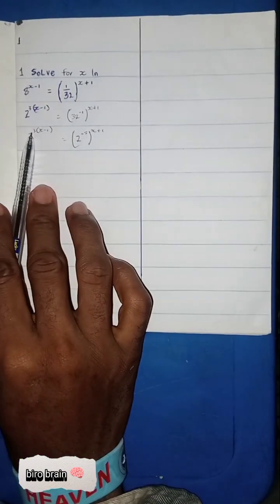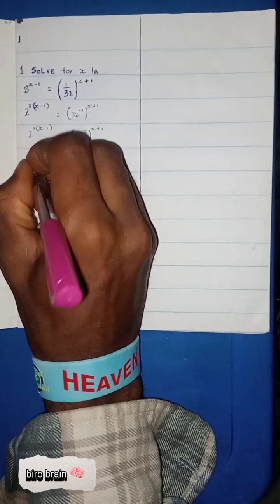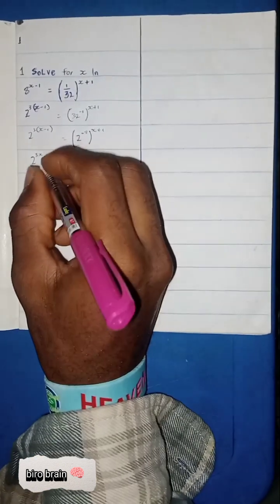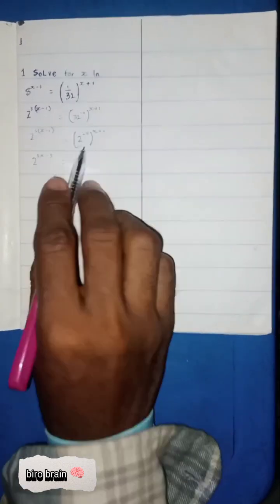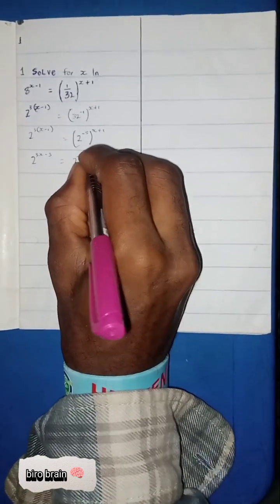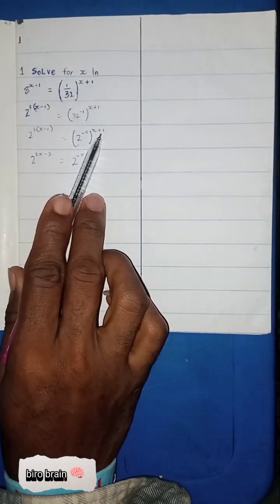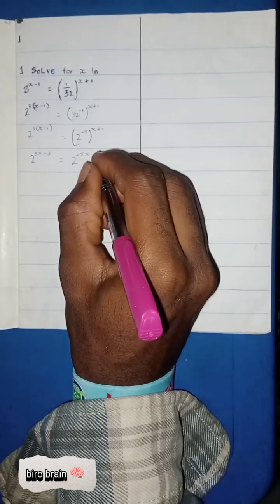Now what's the number outside? We multiply everything inside, right? So we have 2 raised by 3 times x, that's 3x, and 3 times minus 1, that's minus 3, equals to 2 raised by minus 5 times x, that's minus 5x, then minus 5 times 1, that's minus 5.